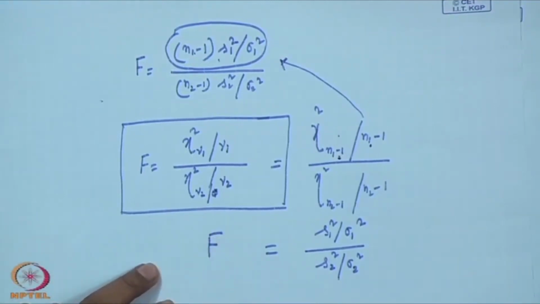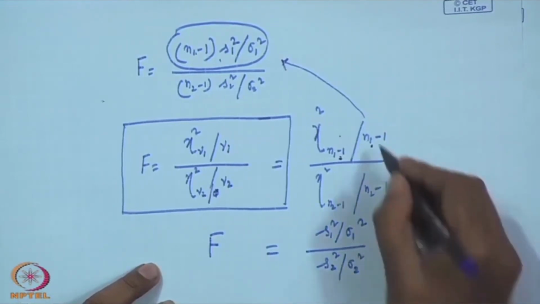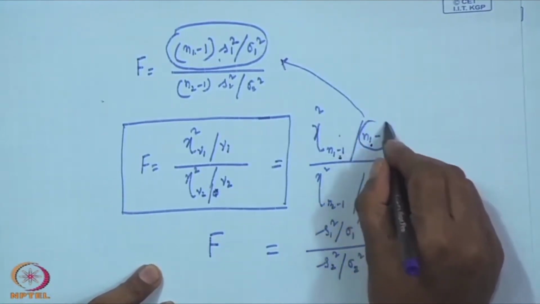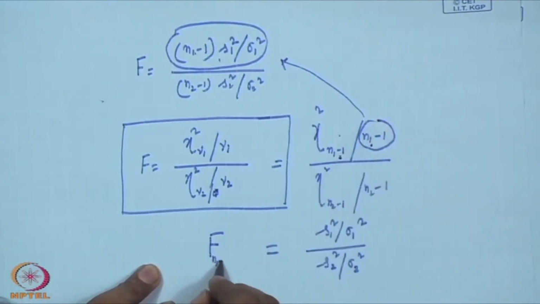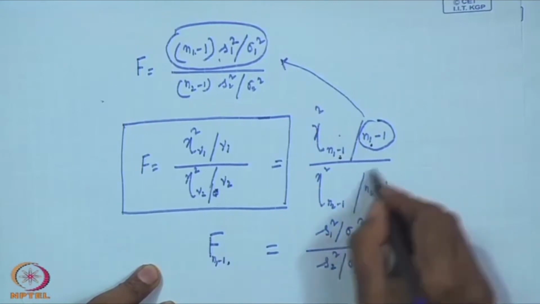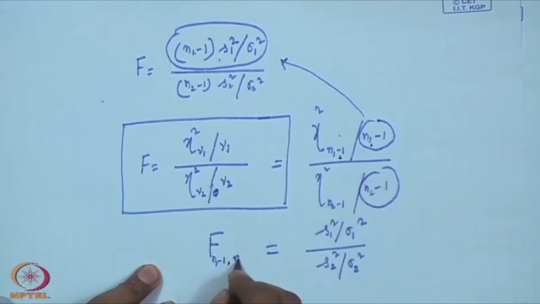What will be the numerator degrees of freedom? Follow from here, what you have divided here? n1 minus 1. Now, what is the degree of the denominator? n2 minus 1. So, this is the distribution.